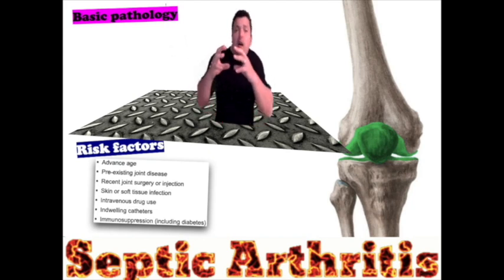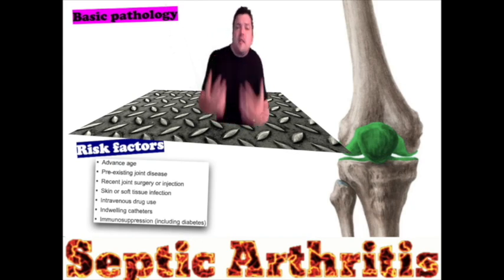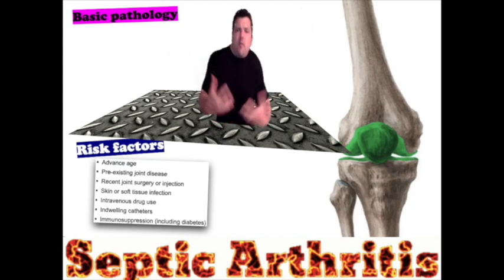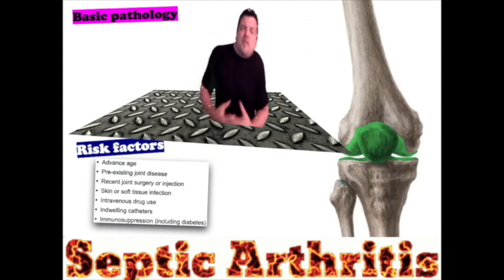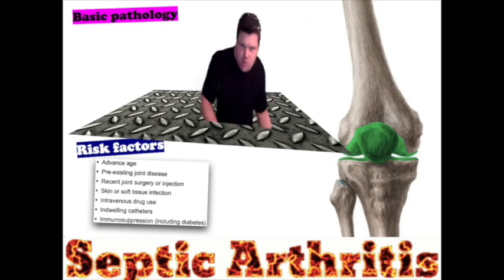People have arthroplasty or joint surgery, which is normally sterile, but can you guarantee it's sterile 100% of the time? No. And then after the surgery, a septic arthritic picture develops. So either via blood or via direct access to the joint, some microorganisms get into the joint and set up a septic arthritis clinical picture.